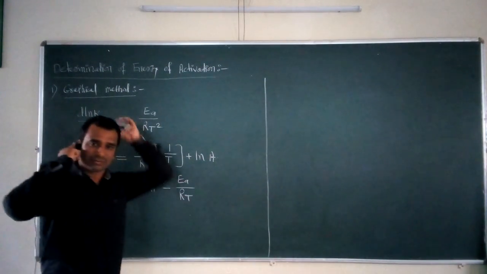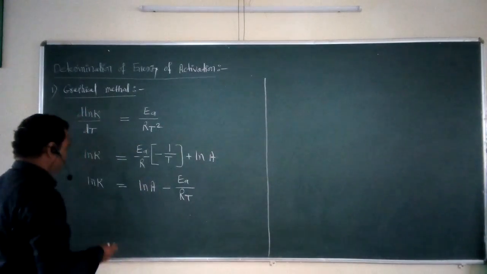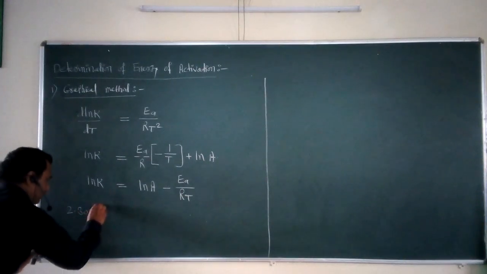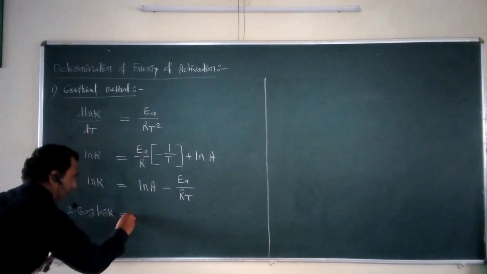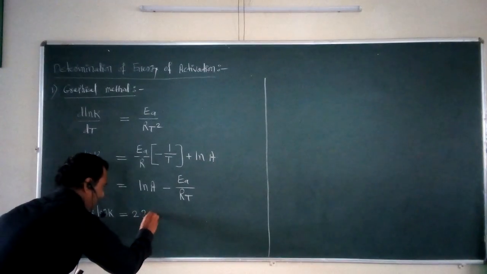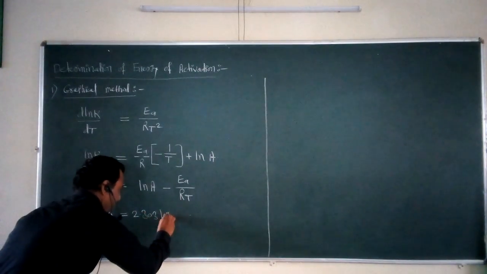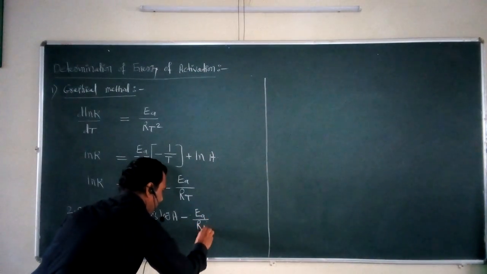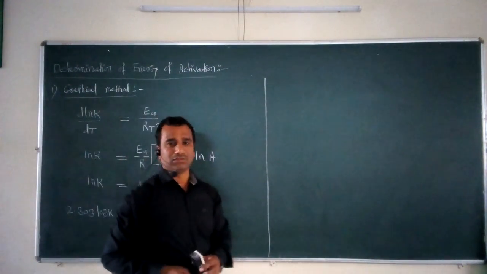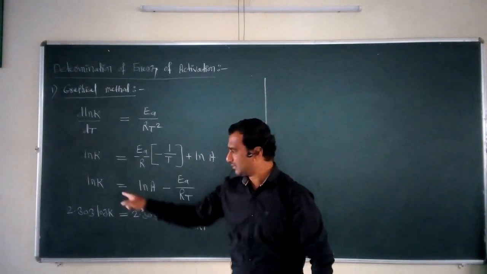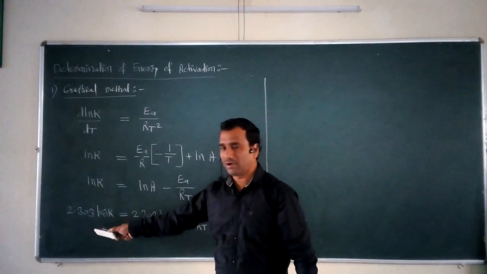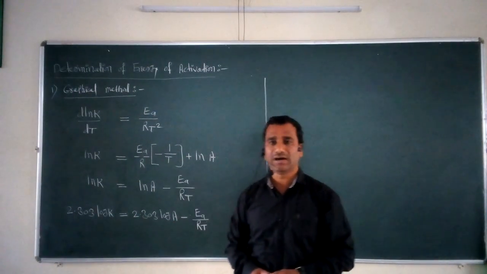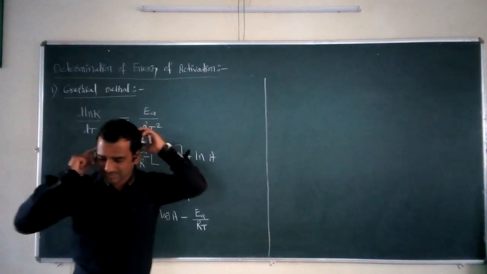By changing the base, our equation becomes 2.303 log k is equal to 2.303 log A minus the energy of activation divided by R into T. We just take the logarithm on both sides. So we get the next equation: 2.303 into log k is equal to 2.303 log A minus EA upon R into T.